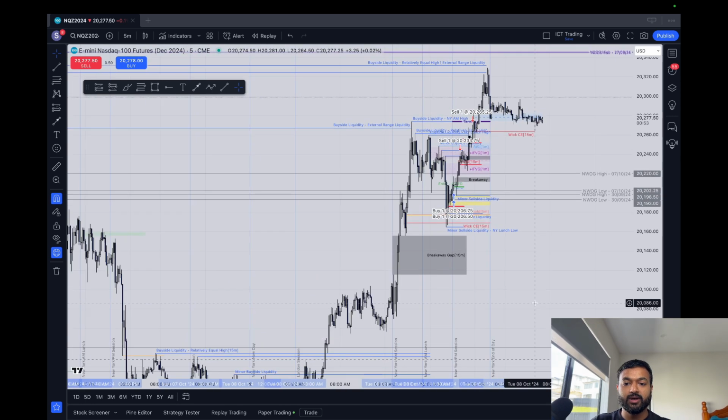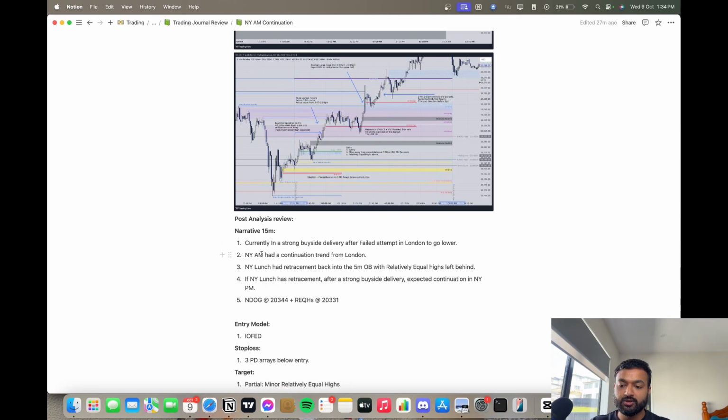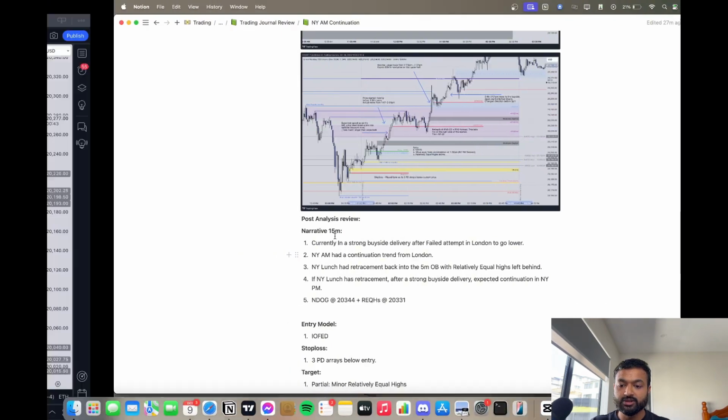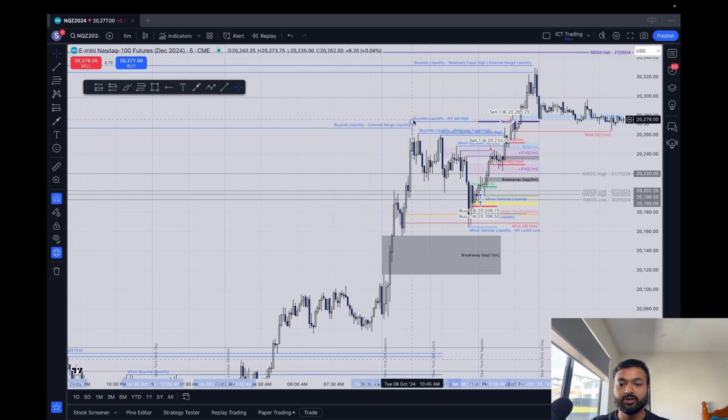So we were running up all the way from the New York AM session, and then the next point, New York AM had a continuation trend. So this is the New York AM trend, so we went all the way up and then it formed the New York AM high.